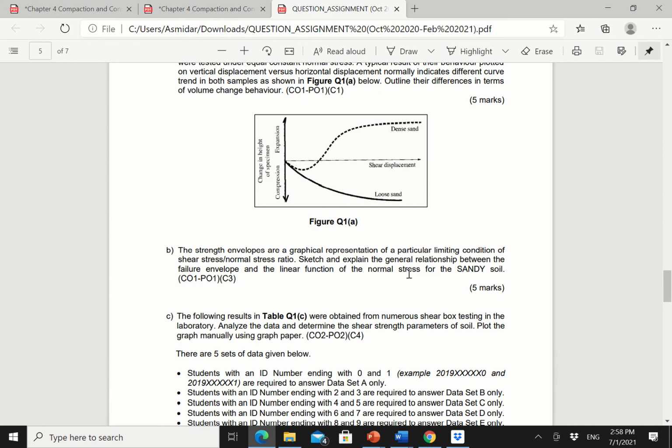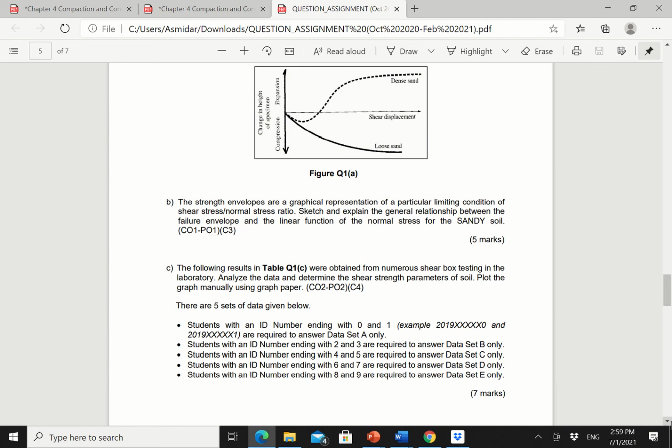That is A. For B, strength envelopes are graphical representations of a particular limiting condition of shear stress and normal stress ratio. Sketch and explain the general relationship between the failure envelope and the linear function of the normal stress for sandy soil. Each soil will give a different shear strength linear relationship, so find which is related to sandy soil.